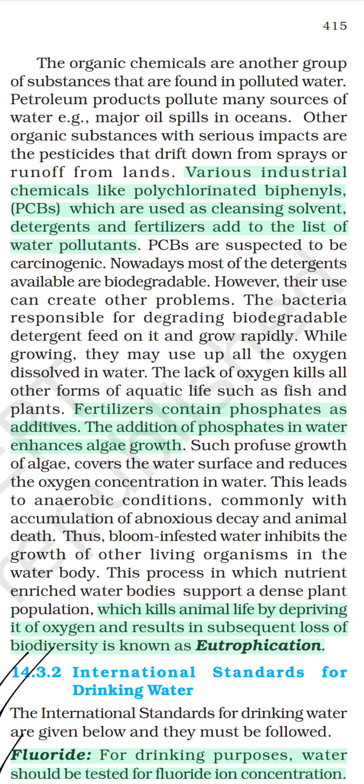This process, in which nutrient enriched water bodies support a dense plant population, which kills animal life by depriving it of oxygen and results in subsequent loss of biodiversity, is known as eutrophication.